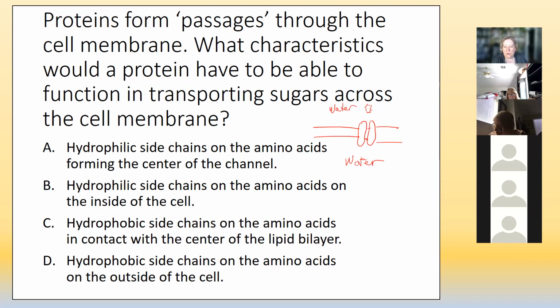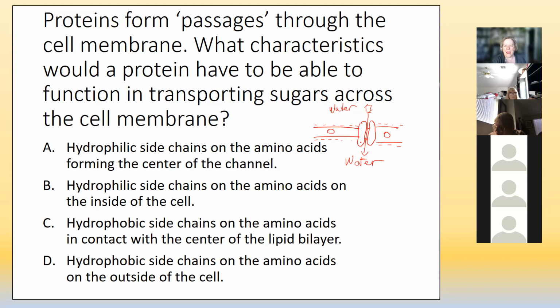So I want to do this. Now remember, we've got a negative charge through here on those phospholipid heads, and in the center we have no charge. It's hydrophobic. Okay, so hydrophilic side chains on the amino acids forming the center of the channel.